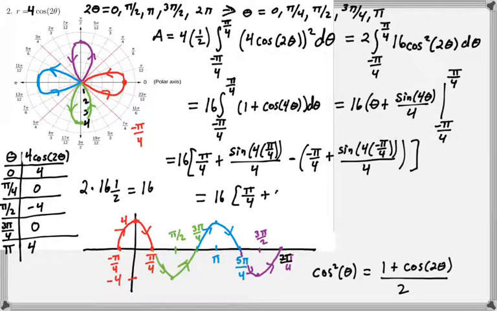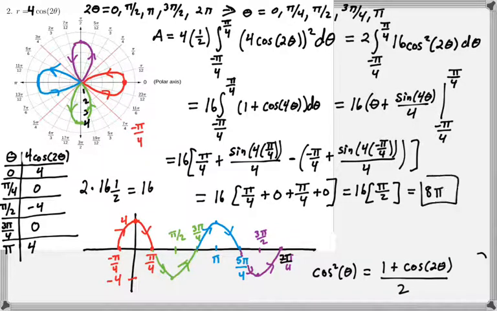Sine of pi is 0. Minus negative pi over 4 becomes positive pi over 4. The sine of negative pi is 0. And so we have 16 times pi over 4 plus pi over 4 is 2 pi over 4, or pi over 2. And so the area of the 4 rose petals together is going to be 8 pi.